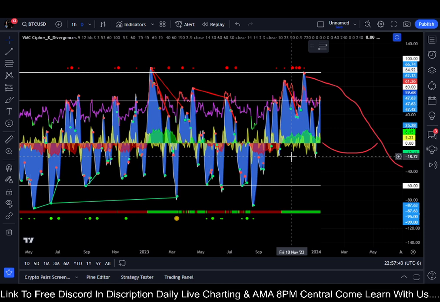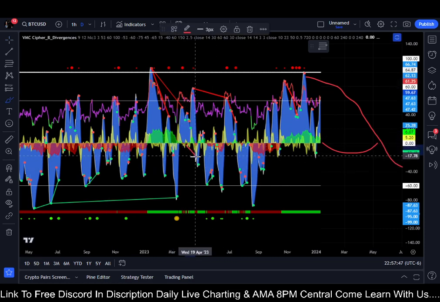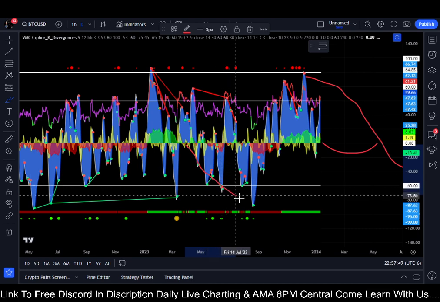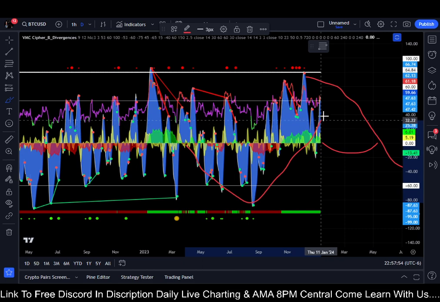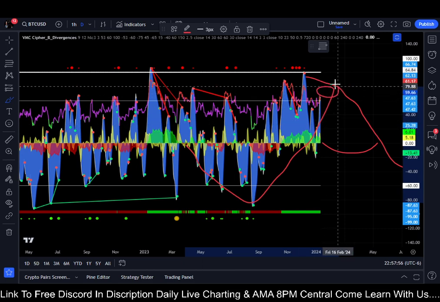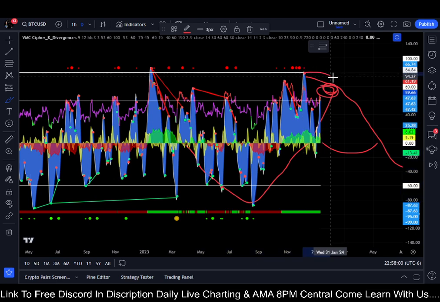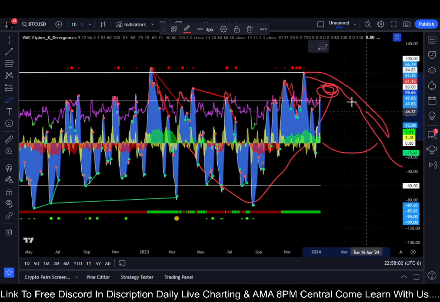We can look at our past oscillation here. We rotated to the downside, and then rotated to the upside. We should be looking for a high somewhere right in here as momentum diverges.